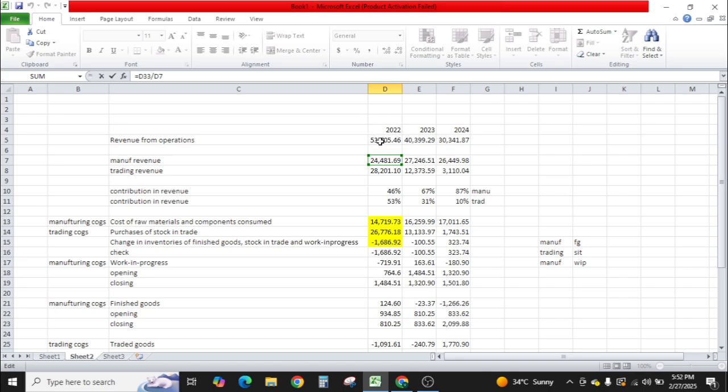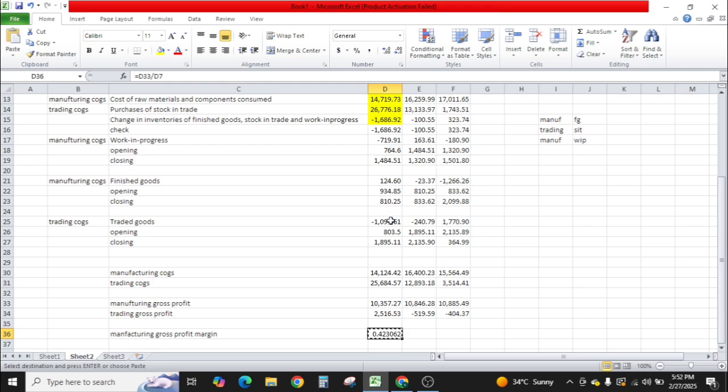Take care here, because many people use total revenue. No, it will be manufacturing revenue. We will divide by manufacturing revenue and not overall revenue. We will copy and paste.